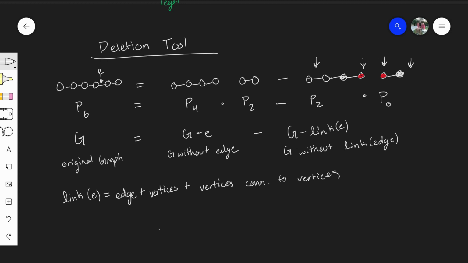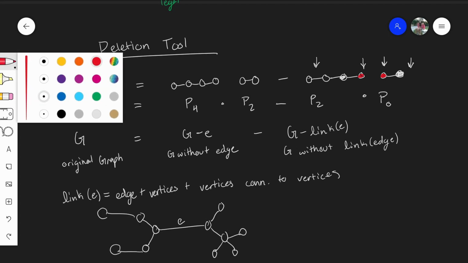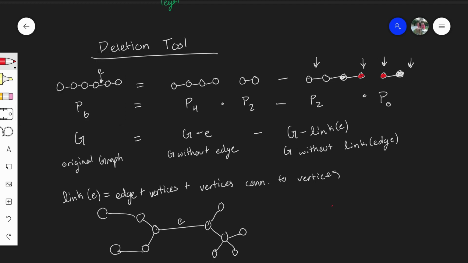For example, if this was my edge E, and then I had some graph, then the link of E, which we are deleting in this second part over here, includes these vertices and all the vertices connected to these vertices, all of this.